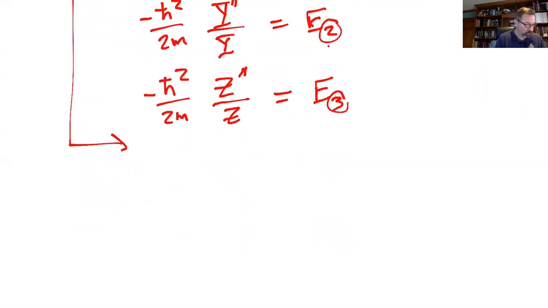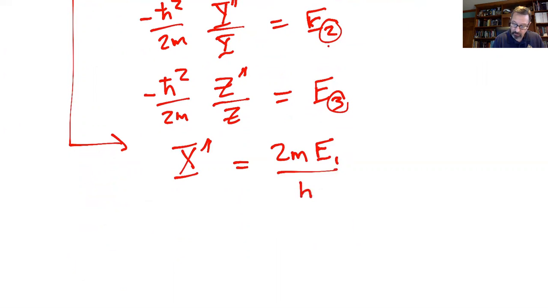Okay. And so what do I have? I have that first one. I'll rewrite it as x double dot, the second derivative. That would be equal to 2 times the mass of whatever the particle is that's trapped in this box times that energy E1 divided by h bar squared times the function x itself.